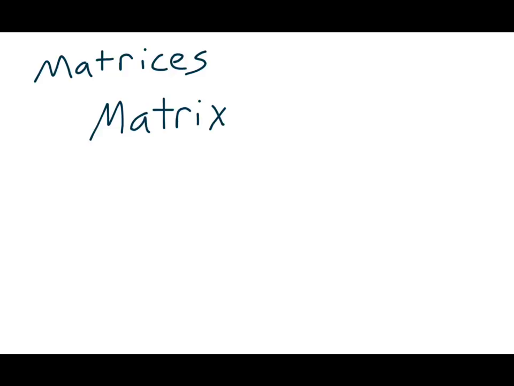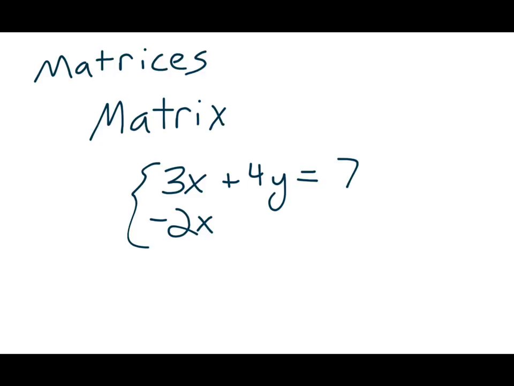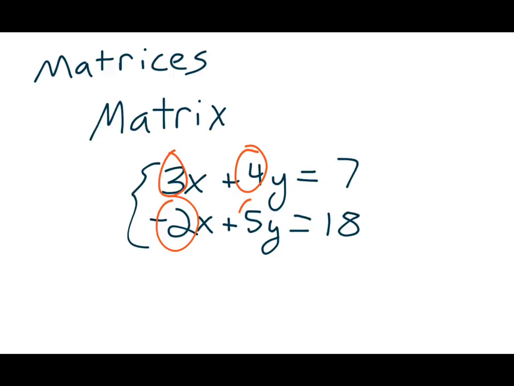So if we have a system like this, we can put it into a matrix, and it makes it a little bit easier in solving because we can use things called row operations for matrix. So really, whenever we were solving these, the important things were these coefficients.